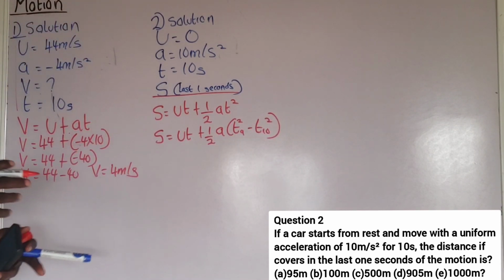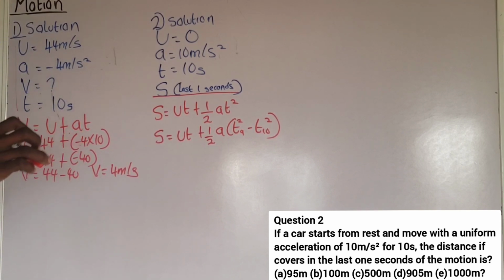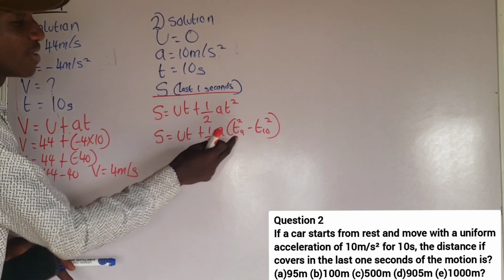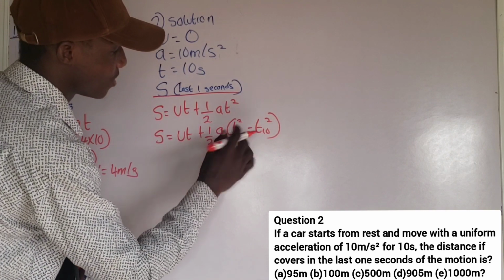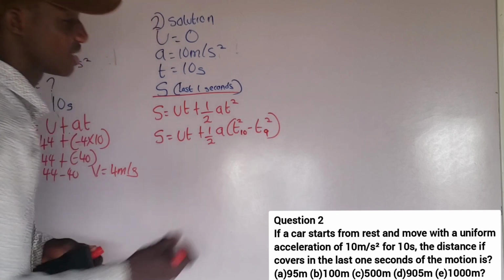Please pay attention. I'm going to explain the reason why I put the equation like this. The reason is because the distance that we're looking for now is not the distance that is covered during the entire motion. It is the distance that is covered in the last 1 second of its motion. So that is why I have, oh sorry, this should be t10 minus t9. You understand?